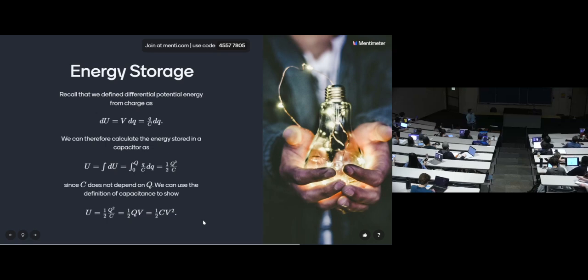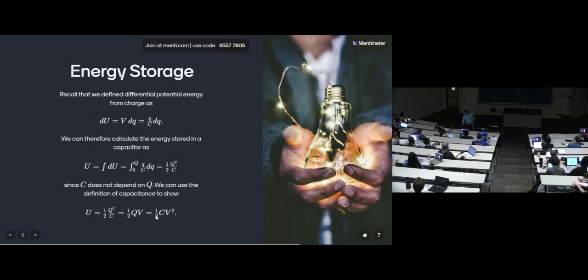So, depending on what you know about the capacitor, whether it's the charge on the capacitor, the voltage across the capacitor, or the capacitance itself, this is how you would measure how much energy. In a lab, it's really hard to measure charge. One thing that's really easy is that you know the capacitance within tolerance based on what you just pulled off the rack, or you know the voltage across it using a potentiometer.